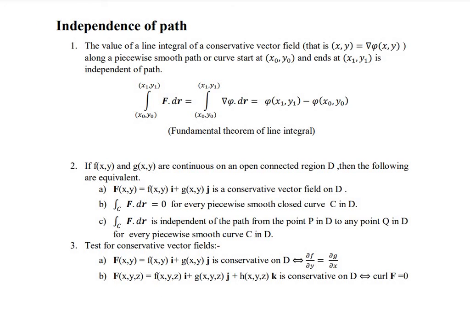If it is F(x,y,z) = f(x,y,z) i cap + g(x,y,z) j cap + h(x,y,z) k cap, it is conservative on D if and only if, as we have seen earlier, curl of F is equal to 0. So curl of F equal to 0 means the given F is conservative.